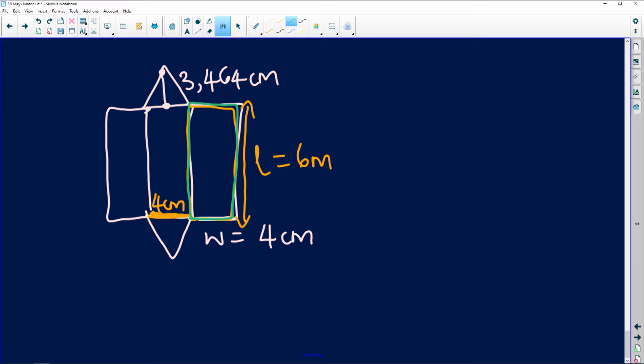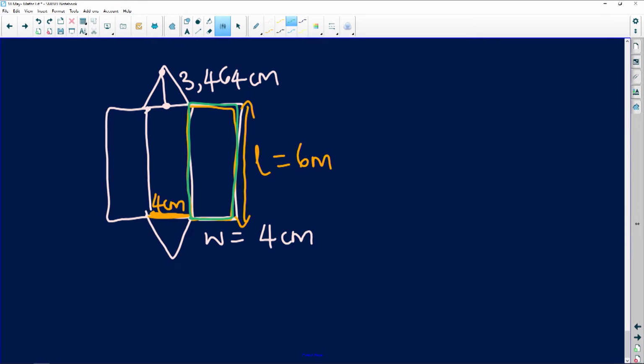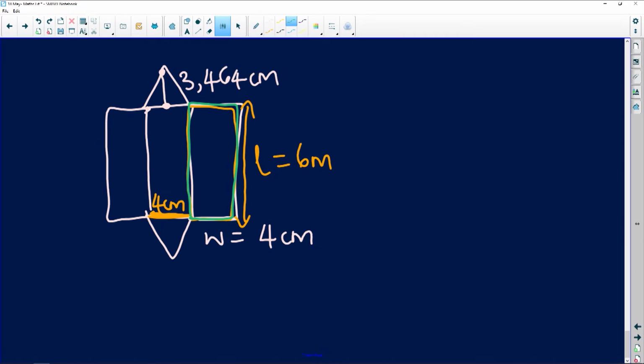And if the opposite sides are parallel and equal, and the 3 shapes are identical, then we know that they're going to be equal to each other. Okay, so it says to us here, it's made up of 3 identical rectangular faces and 2 identical triangular faces. So I know that I've got 1, 2, 3, and we are told that it's identical.